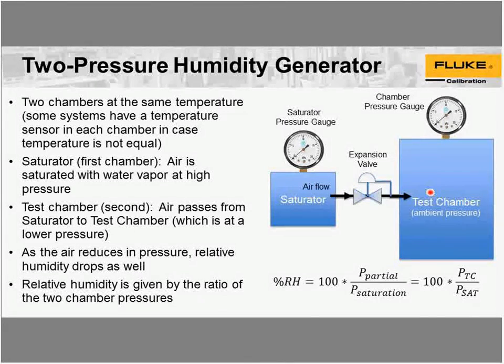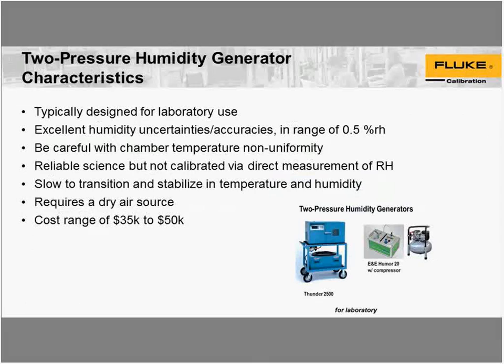The two-pressure humidity generator characteristics: they are typically intended for laboratories. They are usually large mechanical systems with air and cooling systems, and they produce really good humidity uncertainties in the range of 0.5% RH, which is really good.